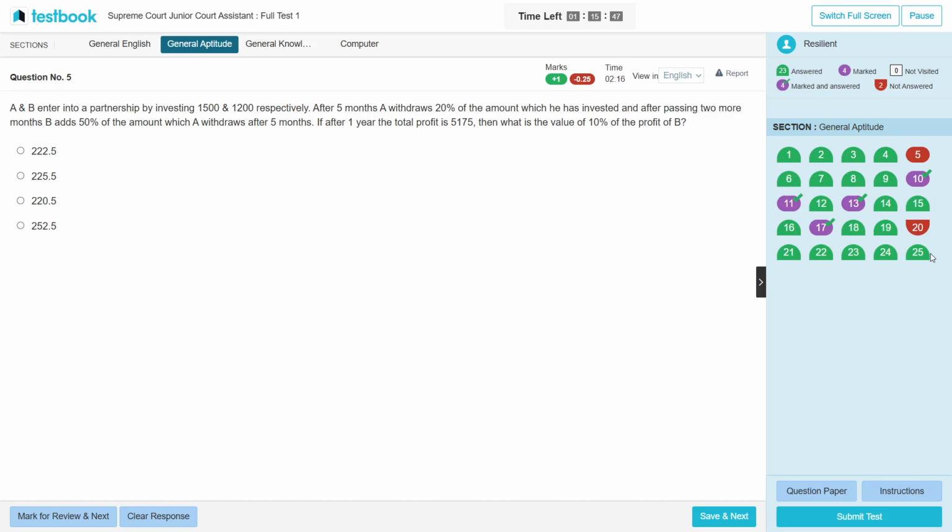What is the value of 10% of the profit of B? 101 into 25 into 1, 5, 505.2, 202.5.